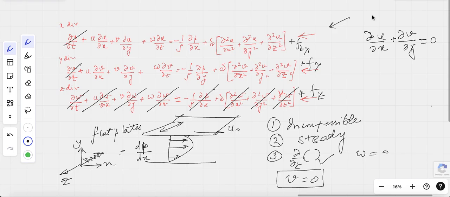Now du by dx is 0 because we can call this a fully developed flow and u does not change with x. u is not a function of x.